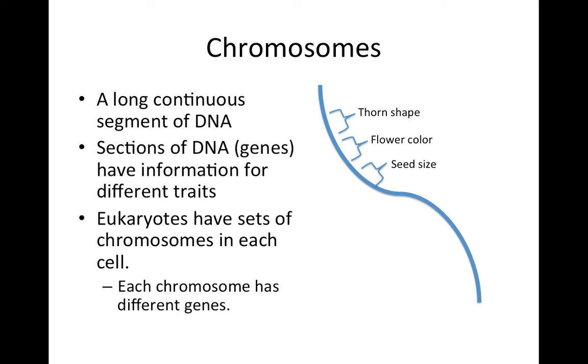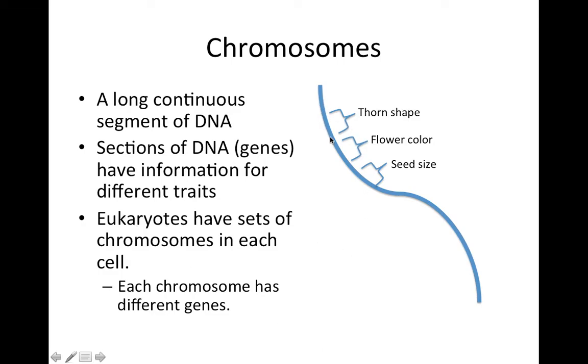So eukaryotes are individuals that have complicated cells that have internal membranes in the nucleus, and we've talked about that in a previous lecture. Eukaryotes have sets of chromosomes in each cell.